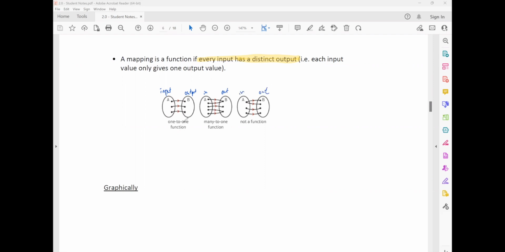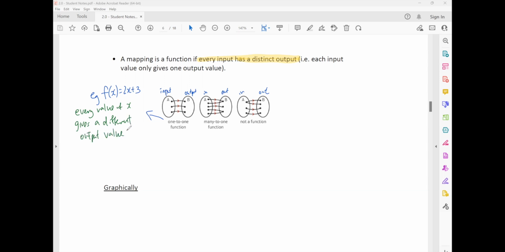Now, this is called a one-to-one function because one input maps to one output. I'll give you an example in here, e.g. if we have f of x equal 2x plus 3, every value of x gives a different output value.